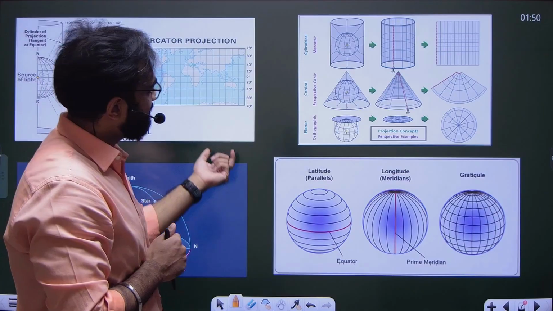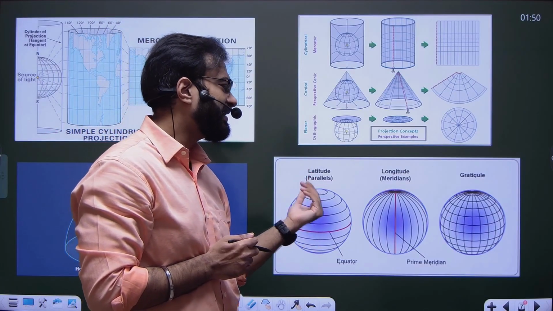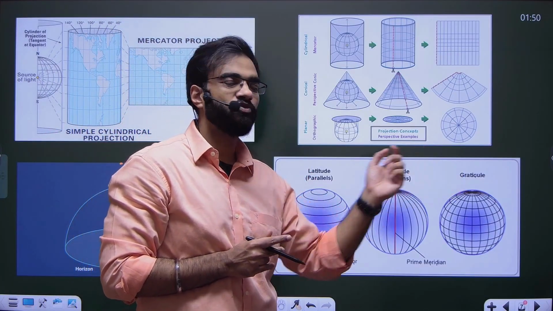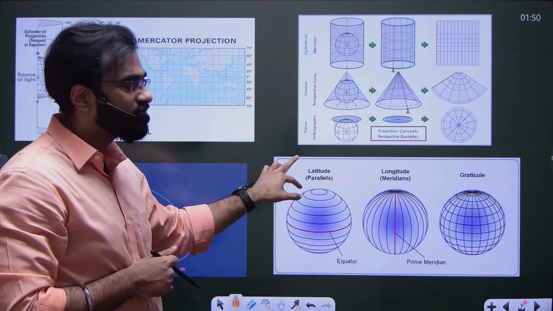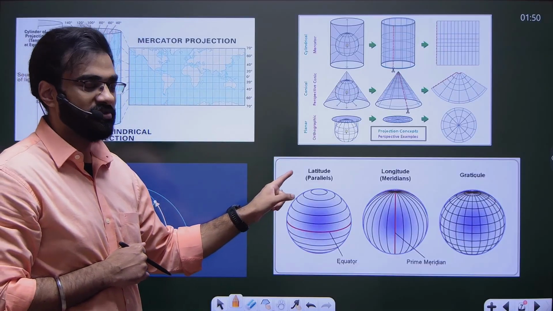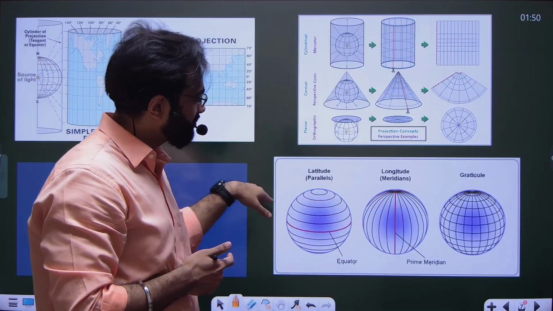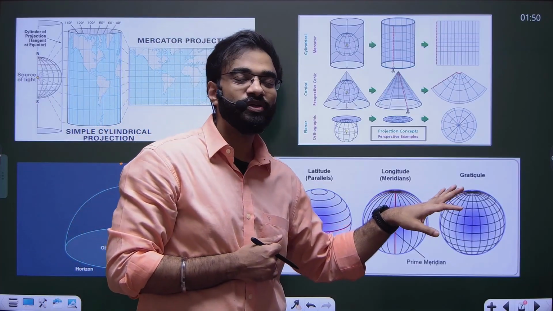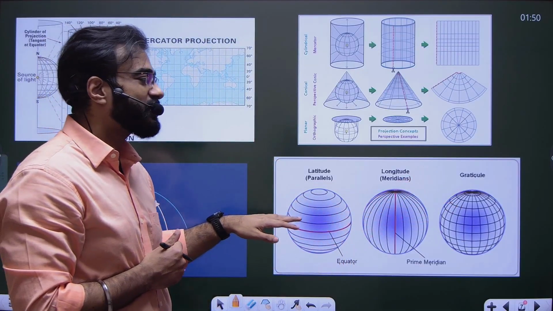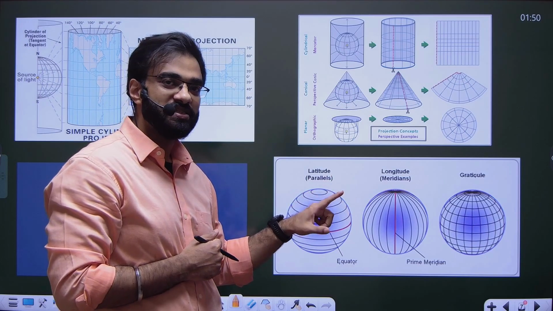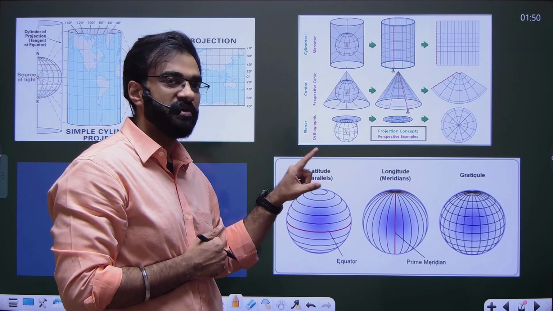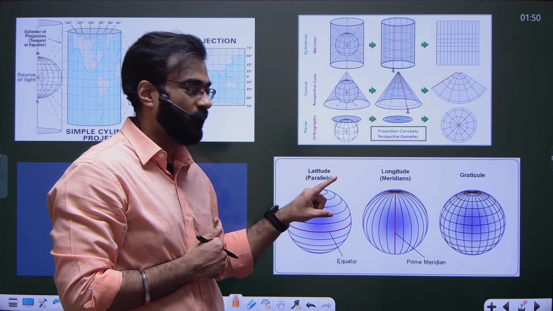Now, a little bit about projection. Before that, if I ask you, what is a latitude, what is a longitude, what is a graticule? Because you will come across these terms in textbooks. How will you define a latitude? You will say, imaginary parallel lines to the equator. No, that is not the correct definition. It is actually the angular distance of a point on the surface of the earth relative to the equator.